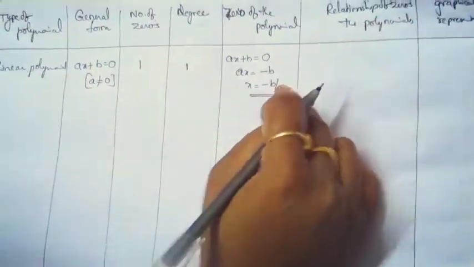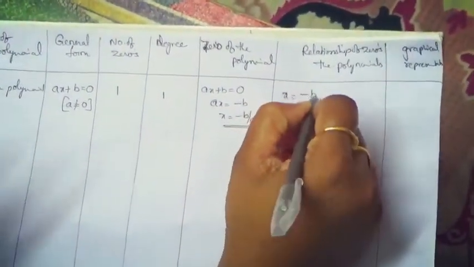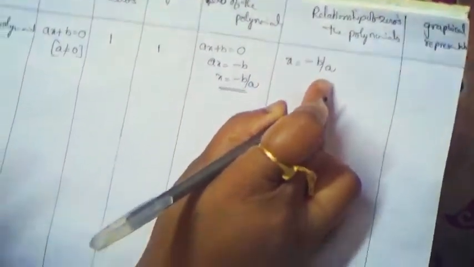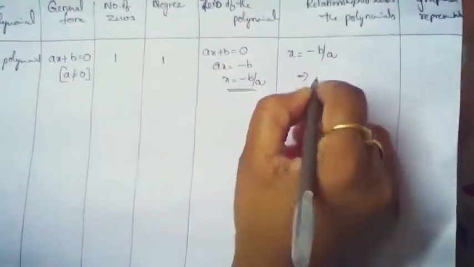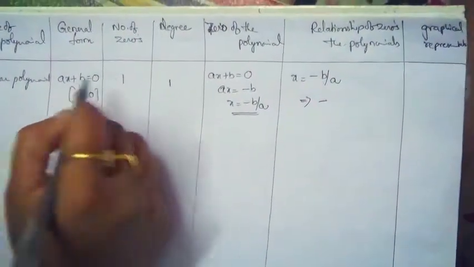What is the relation between the zeros? x is equal to what? Minus b by a. What is b? From the equation, it is a constant.